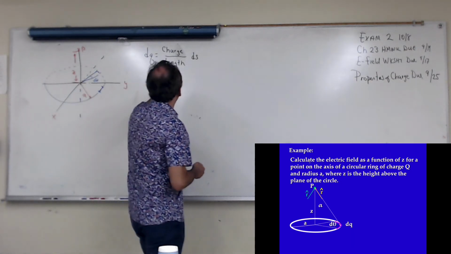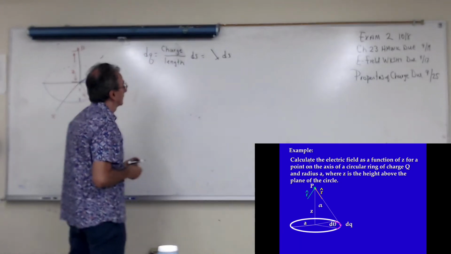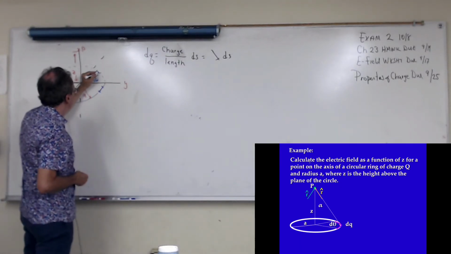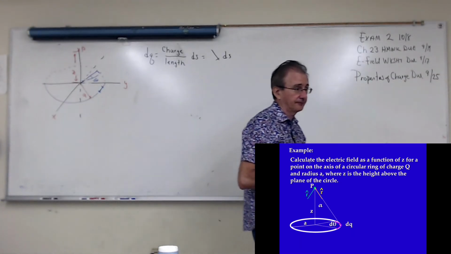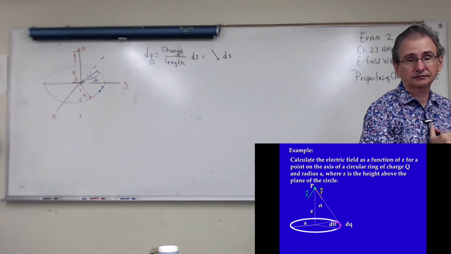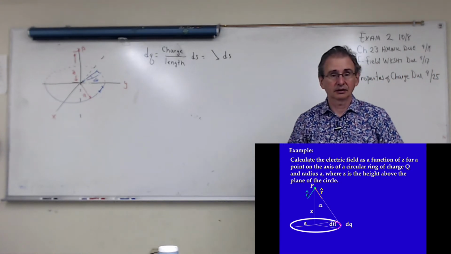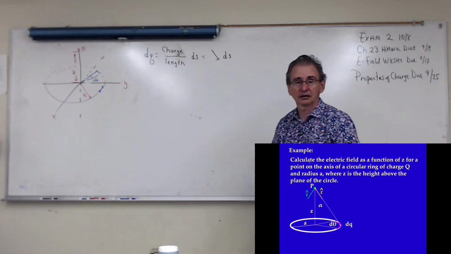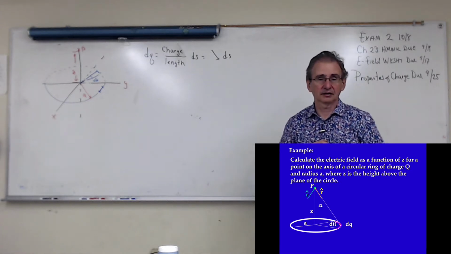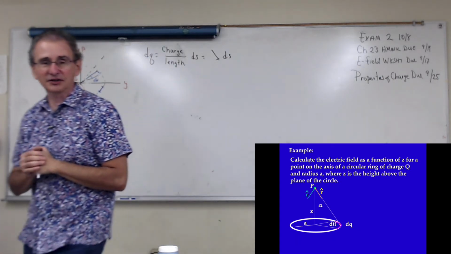In one dimension, we denote the charge per unit length as lambda. ds is an arc length. What's the equation for arc length? Anybody remember the equation for arc length? I can't hear anybody.